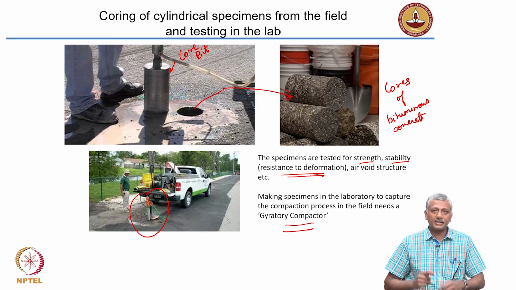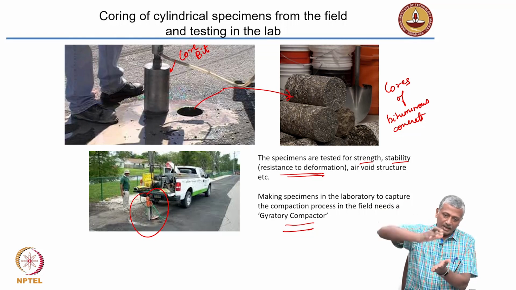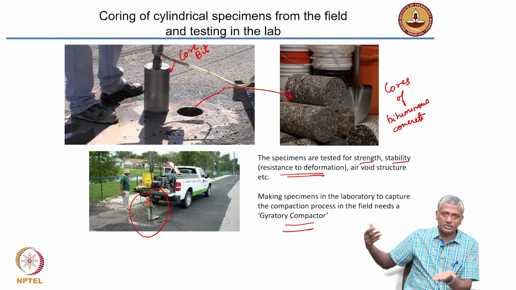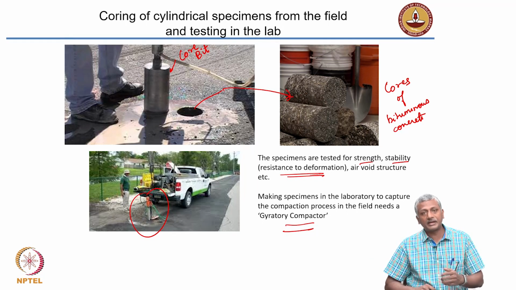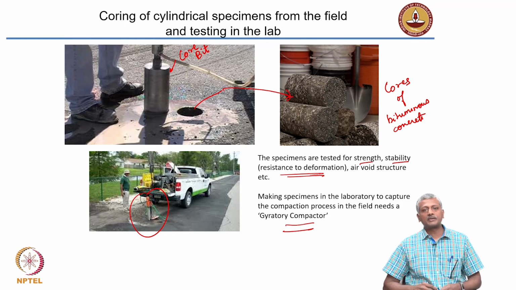Gyratory compactor basically compacts the asphalt and applies this gyration, which is usually there when you actually have the effect of the roller on top of the pavement surface. So, a gyratory compactor today in modern labs has become a very useful instrument to produce asphalt concrete in the lab without really having to depend on samples from the field.